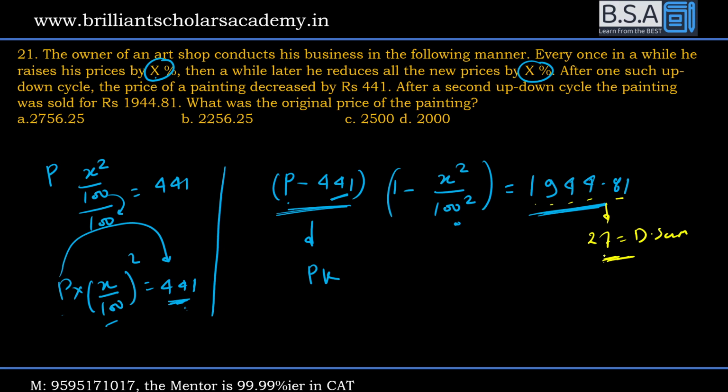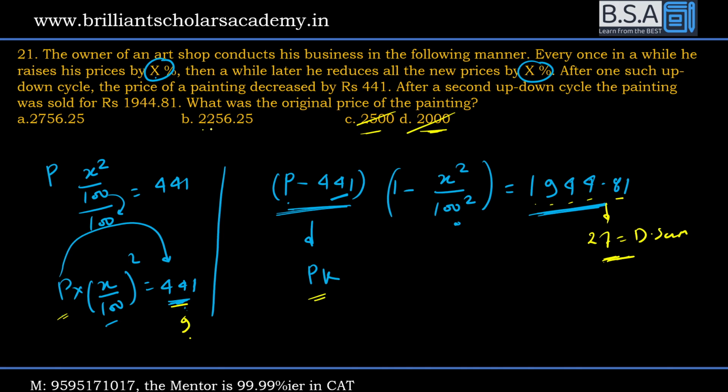That proves P must be a multiple of 9. Is this a multiple of 9? Here I have to check. 2 plus 2 is 4, 4 plus 5 is 9. 6 plus 2 is 8, 8 plus 5 is 13. Is 13 a multiple of 9? Only option possible is this.